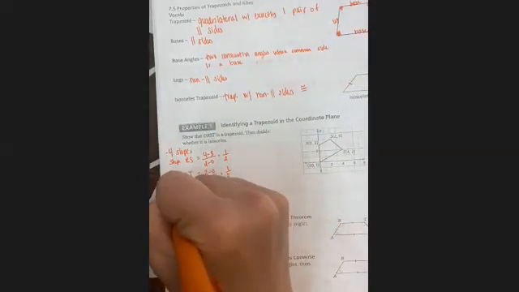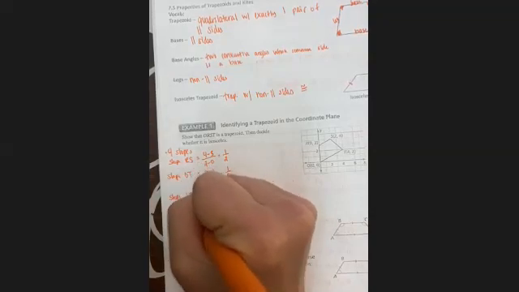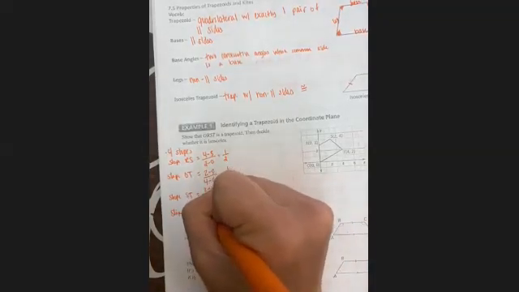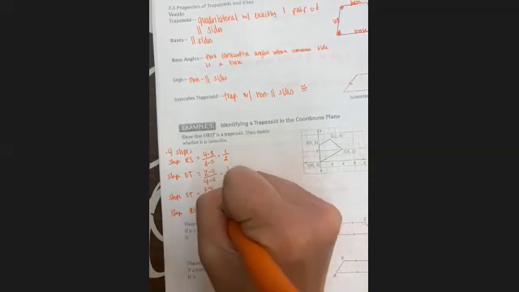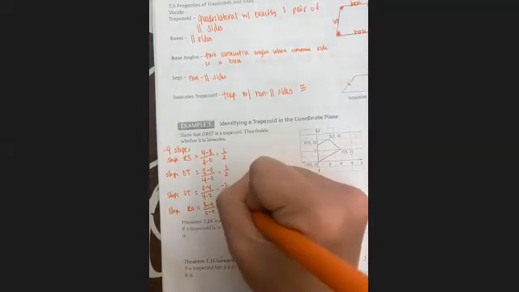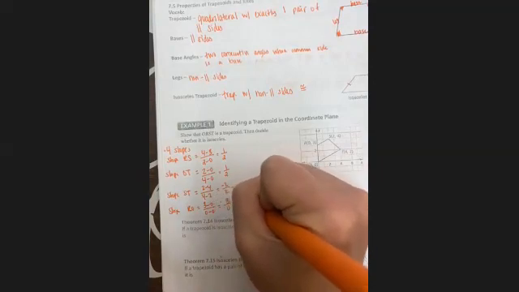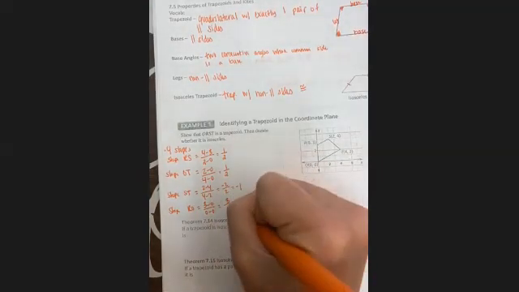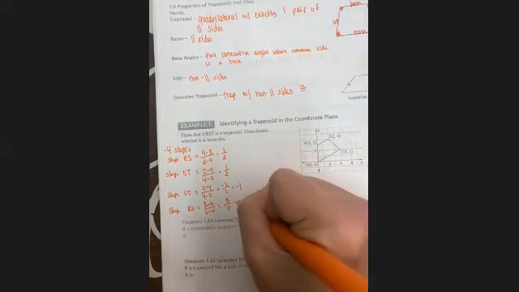And then the slope finally of RO is 3 minus 0 over 0 minus 0, which is 3 over 0, but you can't have a 0 in the denominator, so that is undefined. Okay, or it's an up and down vertical line. You can think about it both ways.